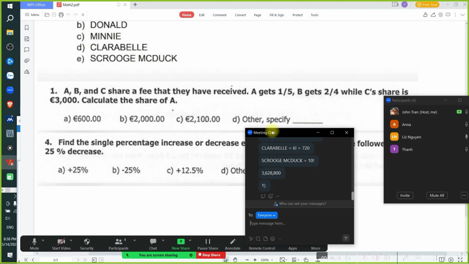My answer is 2,000, B. Okay, now, so A, B and C share a fee that they have received.